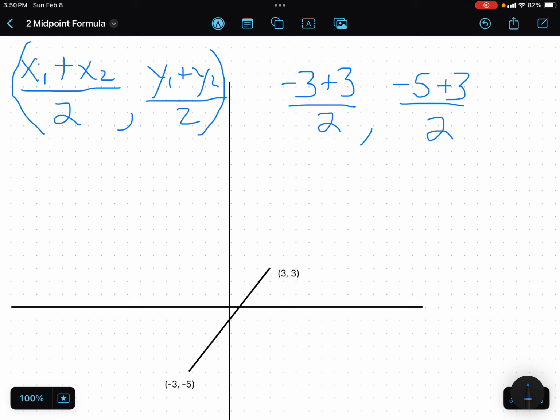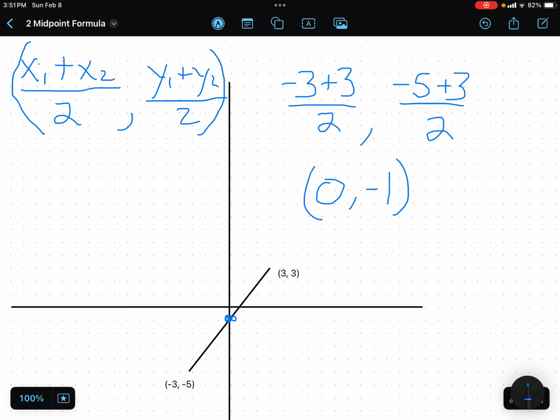That will be the y's. Well, negative 3 plus 3 is 0. And negative 5 plus 3 is negative 2. And we divide that by 2 and we get negative 1. So there is our midpoint, which is right there. You can see that right there. So that is the midpoint formula in action.